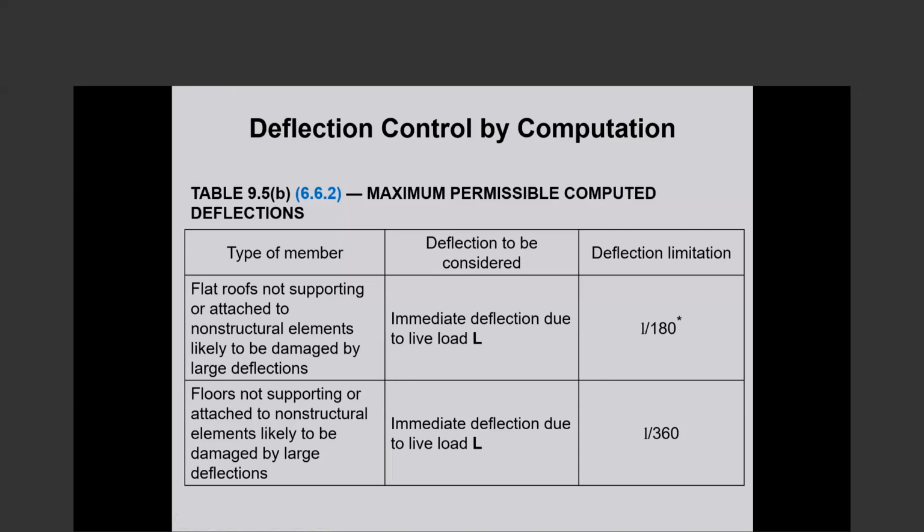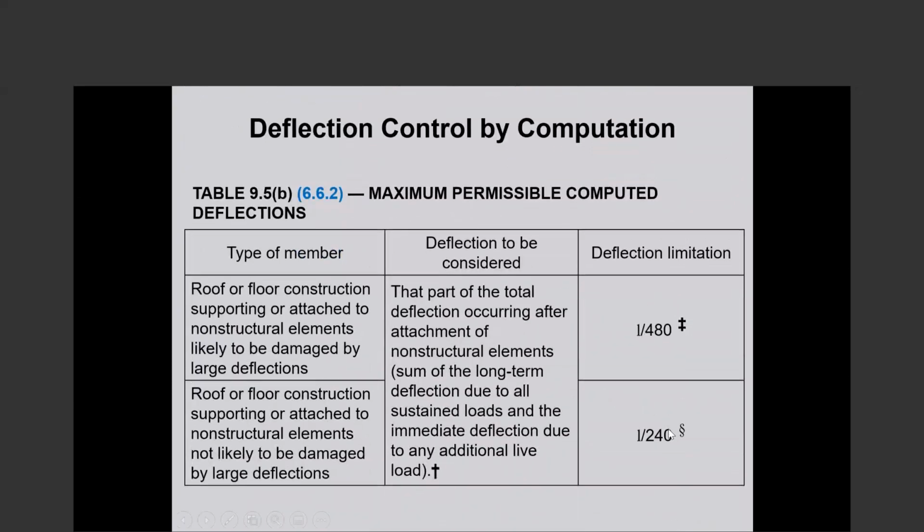Okay, so that is the first set of limits that we deal with: immediate deflection due to live loads alone. Those are the limits. The next set of limits apply to, again, non-structural elements likely to be damaged and non-structural elements not likely to be damaged.